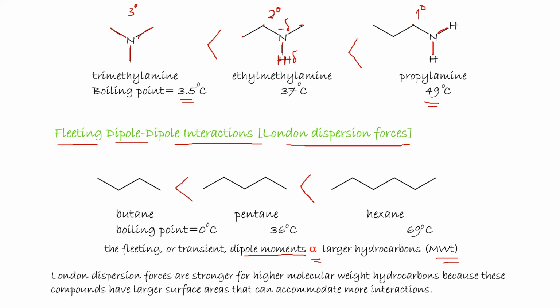Then you find that hexane has a boiling point of 69, pentane 36, and butane 0 degrees Celsius. London dispersion forces are stronger for higher molecular weight hydrocarbons because these compounds have larger surface area that can accommodate more interaction.